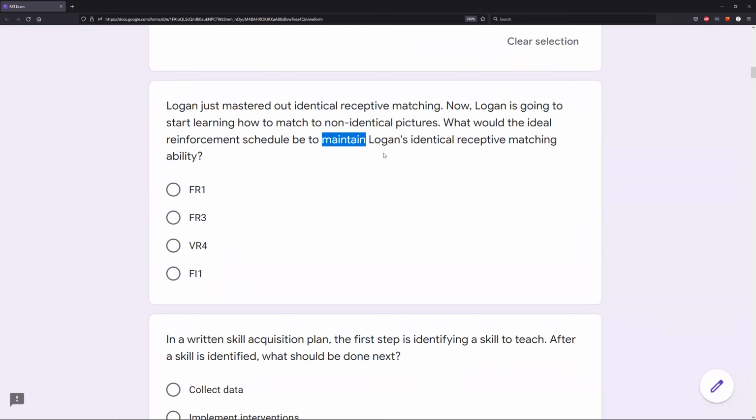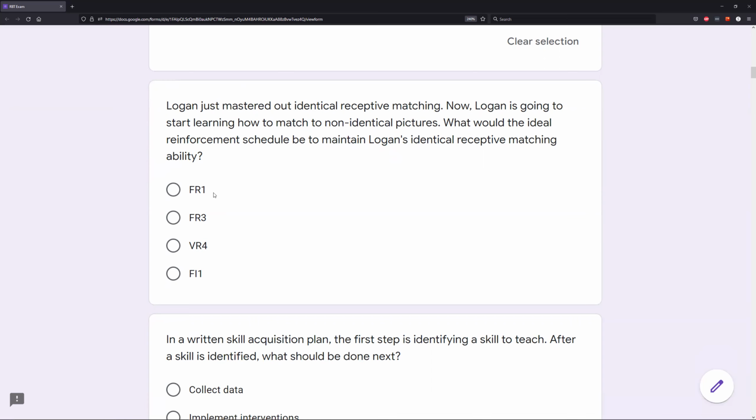So when we want to maintain a skill, what is essential? Well, we need a thin reinforcement schedule, meaning the response requirement for reinforcement needs to be relatively high. So we want to find the reinforcement schedule, which is going to require more effort and more responses to produce reinforcement because we're maintaining this already learned behavior.